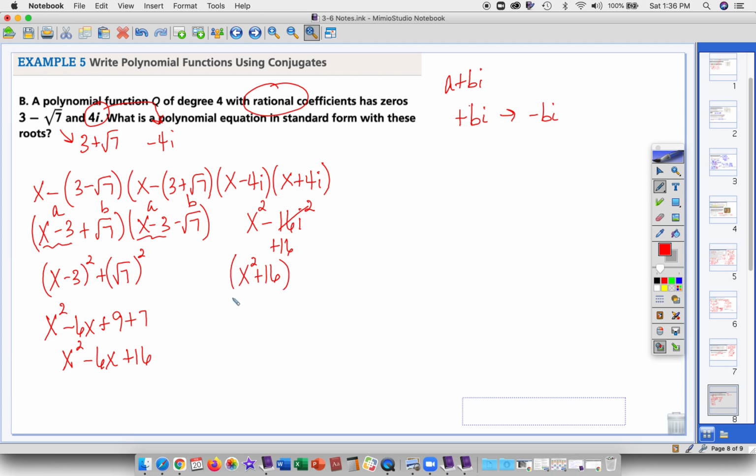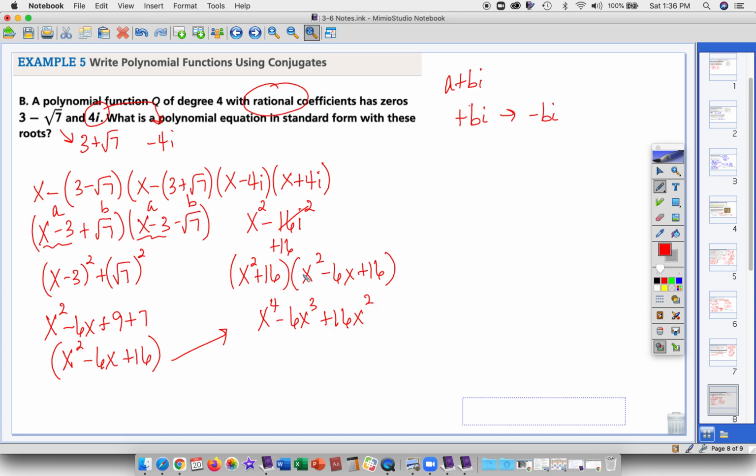Okay, now I have to multiply these two together and I'm done. So I'm going to bring this one up here and I'm going to start distributing. x squared times x squared gives me x to the 4th. I'm going to keep distributing that x squared, so minus 6x cubed plus 16x squared.